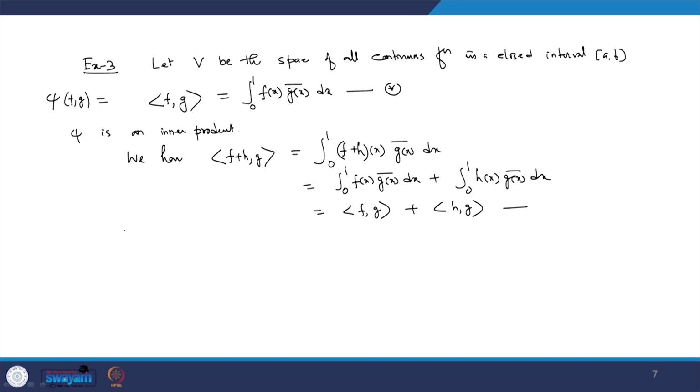Similarly, the second property also holds good, we can check it, and let me check the third one. The third one is also very trivial.